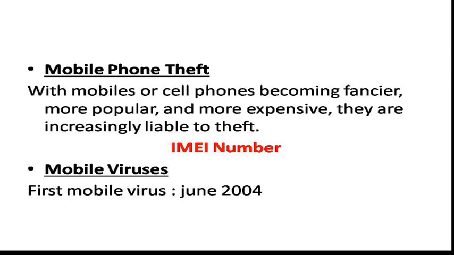So these are the two things. One is the mobile phone can be lost by someone stealing it. Second one is we ourselves, without noticing, place it somewhere, then we lose the mobile phone. So these are the two examples for mobile phone theft.